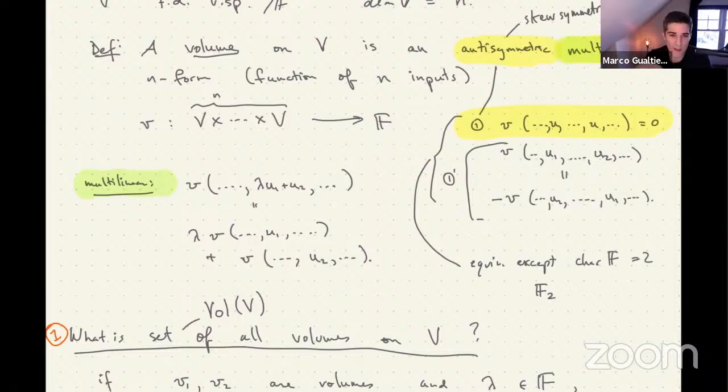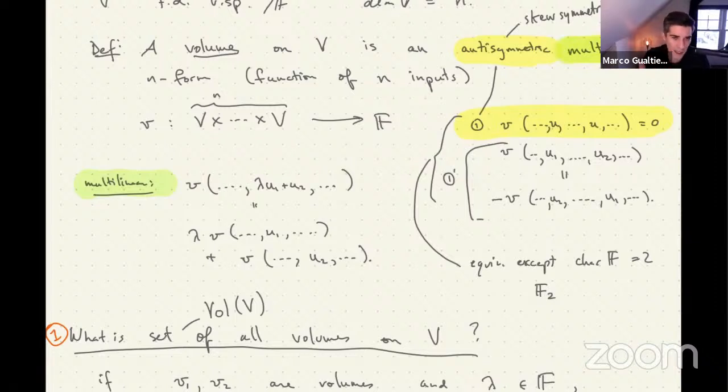So what I'm trying to say is that in order to know which volume you're dealing with, all you need to do is to evaluate it on a basis. And once you know it on that basis, then any other volume in that vector space is determined by that quantity. So you are right that there is only a one-dimensional degree of freedom, even though this is a function of n variables, right?